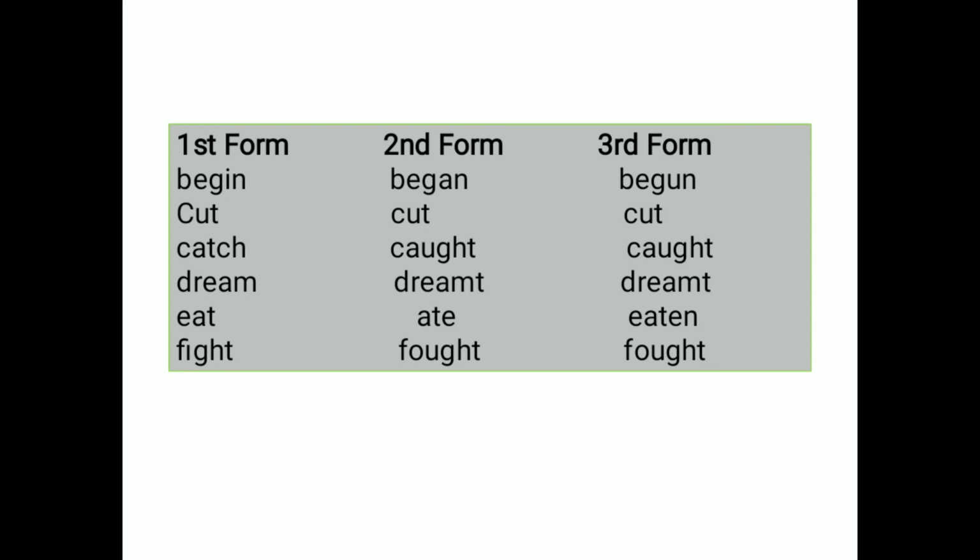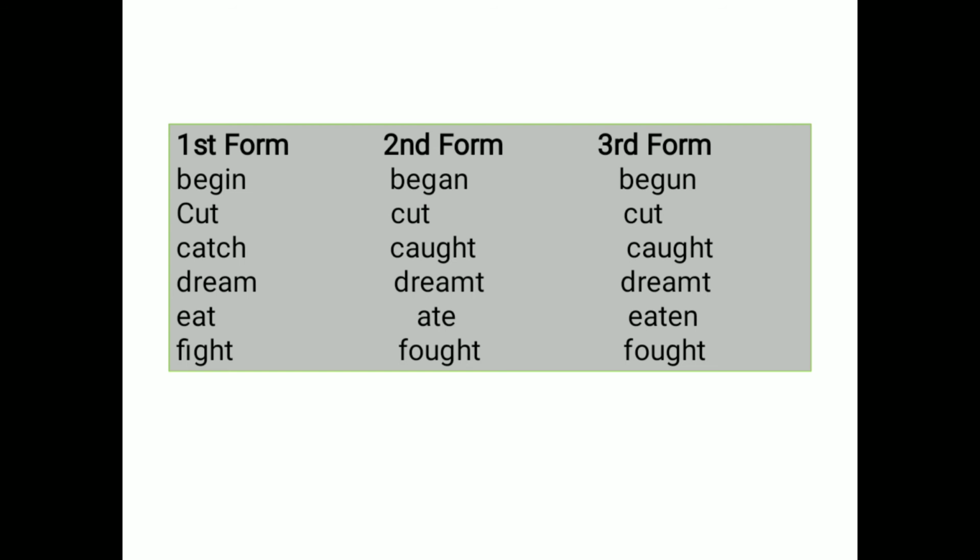Another example: play, first form; second form is played, and third form is played. One more example: first form is look, second form is looked, third form is looked. This is called the regular form of verb.